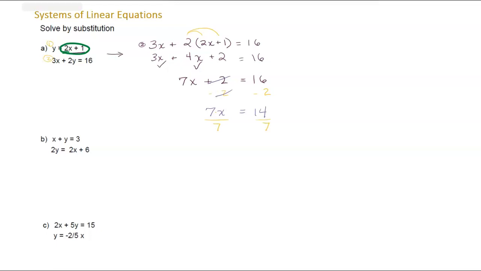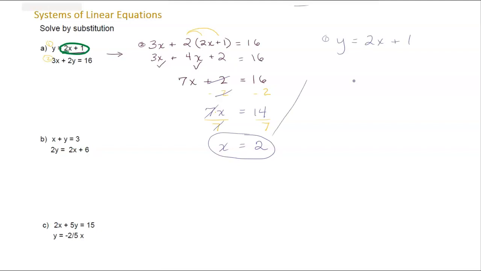The 7's cancel, and I have x is equal to 2. So now that I have x is equal to 2, that's my first coordinate, I can take equation 1, which is y is equal to 2x plus 1, and I can plug in this 2 for x.